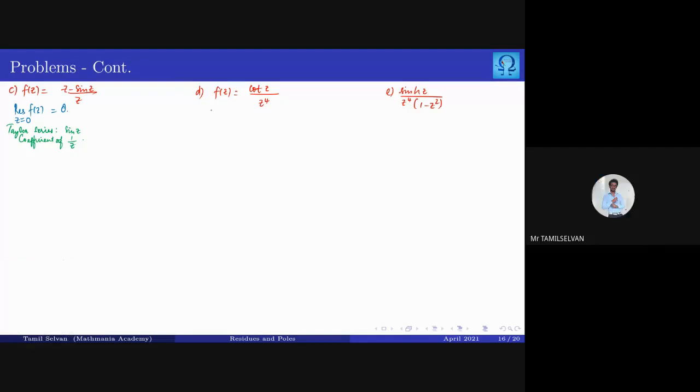Kaviyarsi. Sir, what is the residue value for this problem? Sir, 1 minute, sir. You said 1 minute. Okay. Sir, minus 2 by 15.